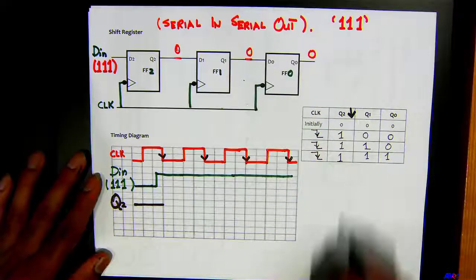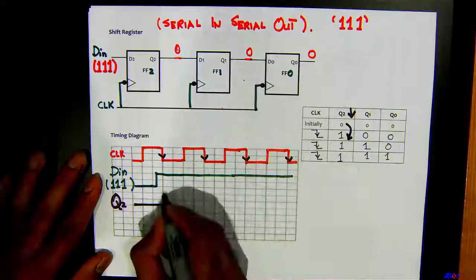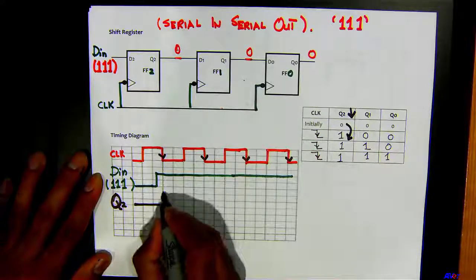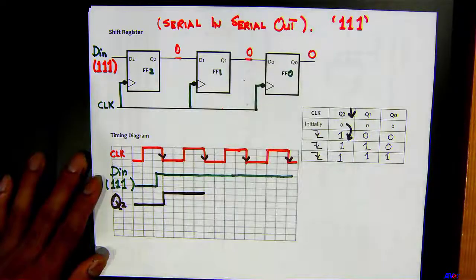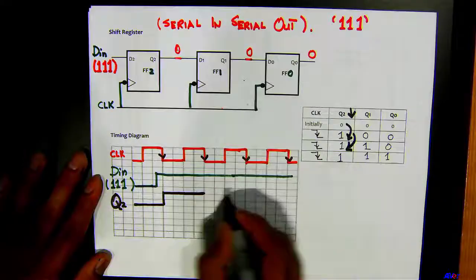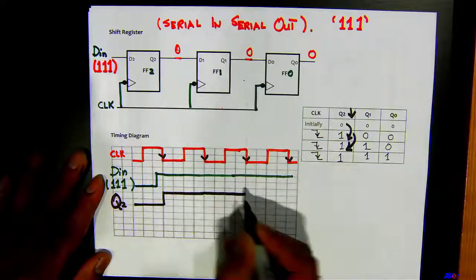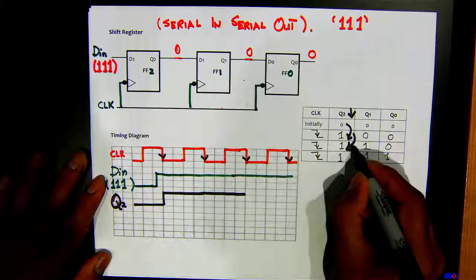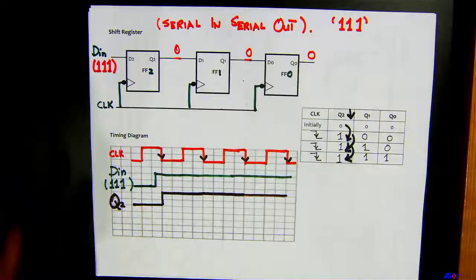It goes to 1, right? So you get 1 here, and it stays 1 until the next negative edge of the clock comes in, and it goes to 1 again. So it stays 1 till the next clock edge, and at the next clock it stays 1 also. So it stays 1 all the way from here to here.